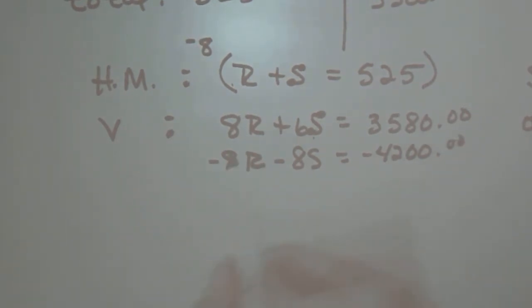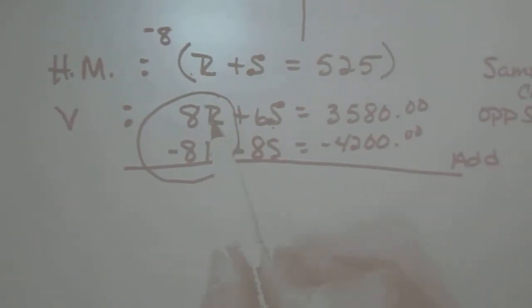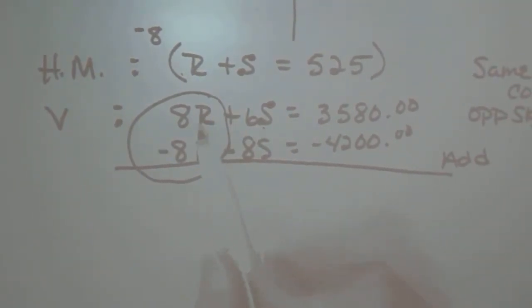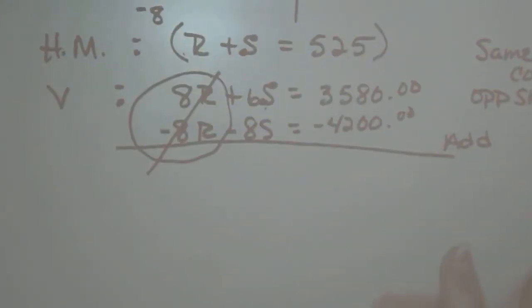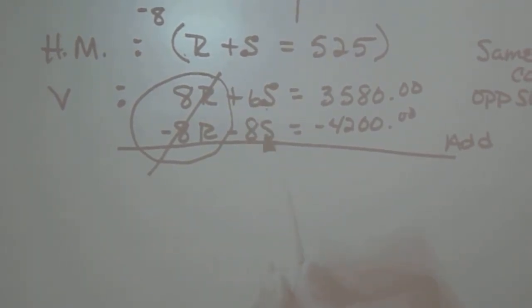Okay. Add the two equations together. Algebraically add. What happens with a +8 and a -8? We add those two together. They cancel. They add up to 0, don't they? Then we can add the 6S and -8S and get what? -2.